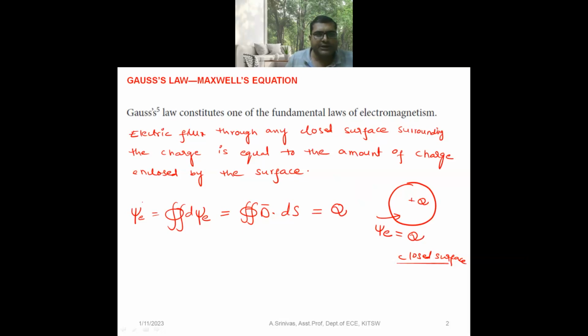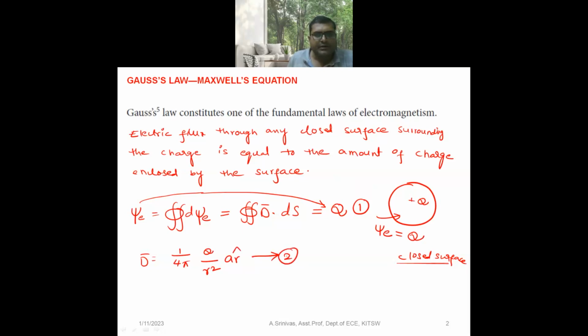This is equation number 1, the statement of Gauss law, where D is equal to 1 by 4 pi Q by r square aR cap.